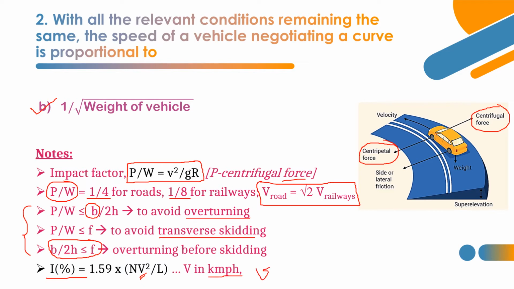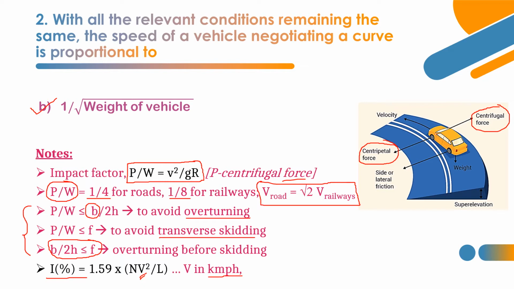When V is in small letter, then that unit will be meter per second. So this is how we have to follow the sign conventions. So here 1.59 into NV square by L is the impact factor in percentage. This is one important formula that is used in various problems. So these are all about the impact factor.